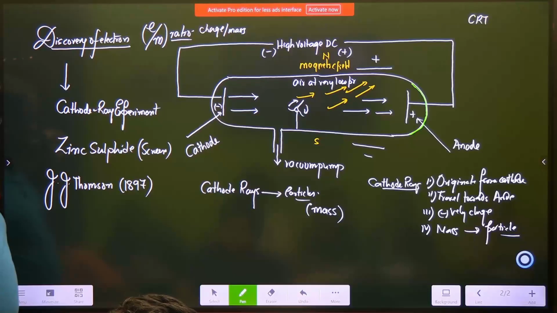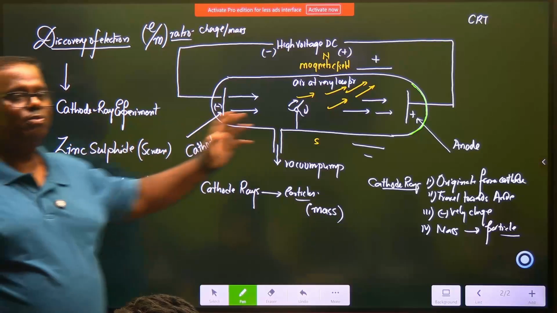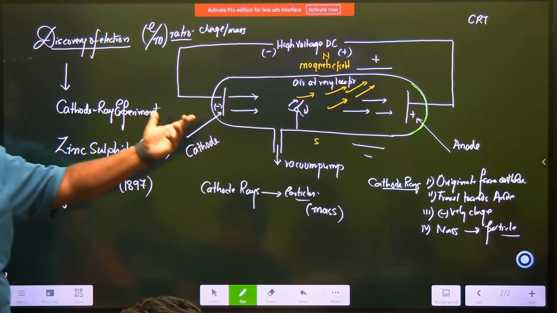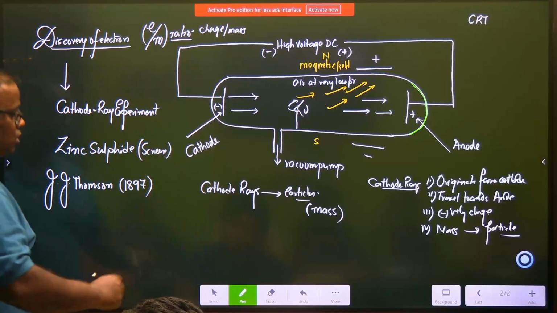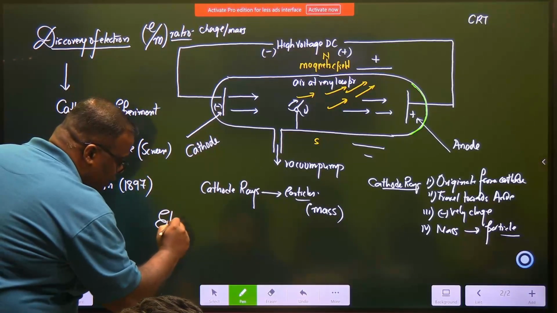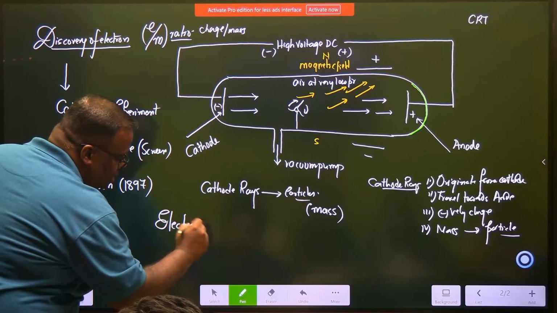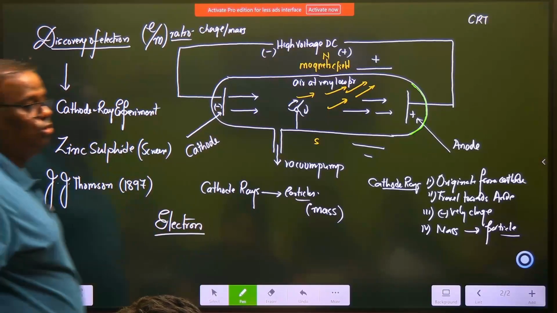Do you understand the meaning of that? That means the same particle is emitted irrespective of what type of gas you are using. And then he coined this as what? He used the word electron. The first subatomic particle that was known to man.